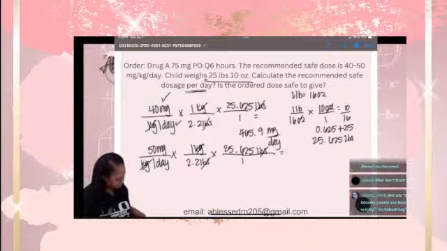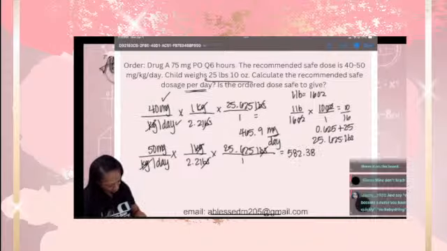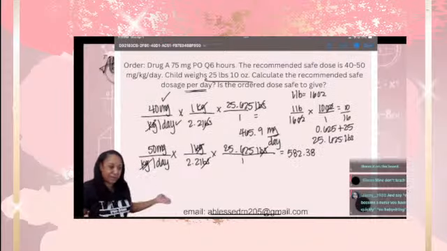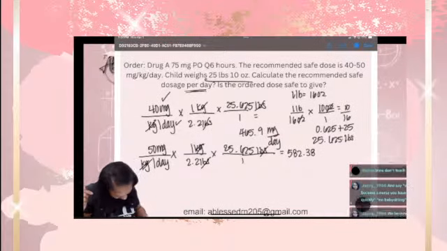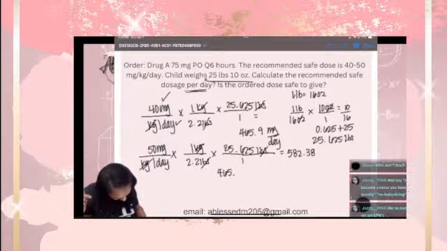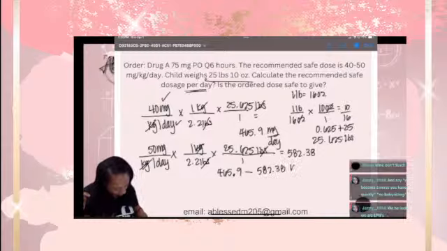So 50 times 25.625 divided by 2.2, and that's going to be 582.38. Or if you have to round it, then round it, okay? Don't come for me. So we'll do 465.9 to 582.38 milligrams per day, okay?